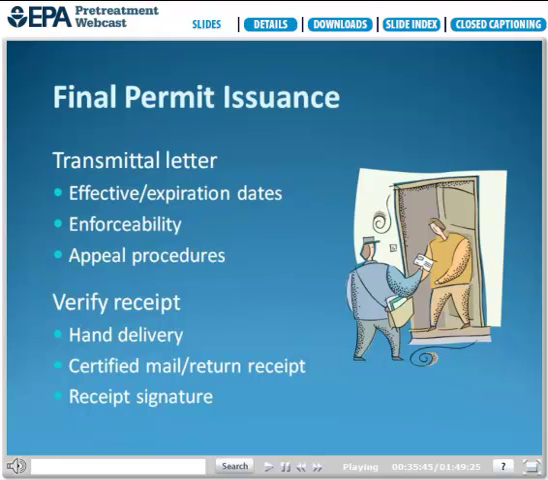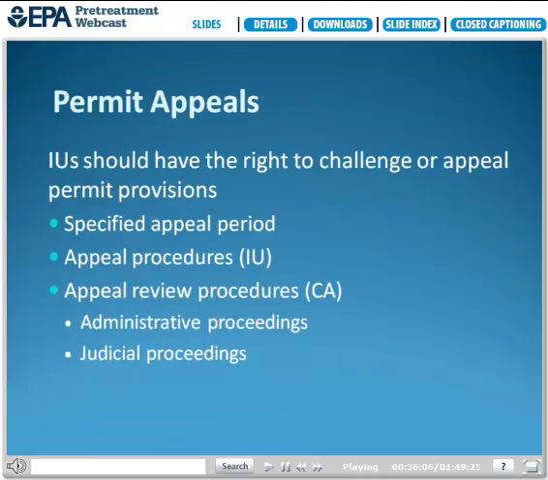In order to make sure that the industry has received the permit, some control authorities hand-deliver the permit. Some have the letter mailed by certified mail return receipt. If you do that, make sure you receive a signature saying when the industrial user received that permit.